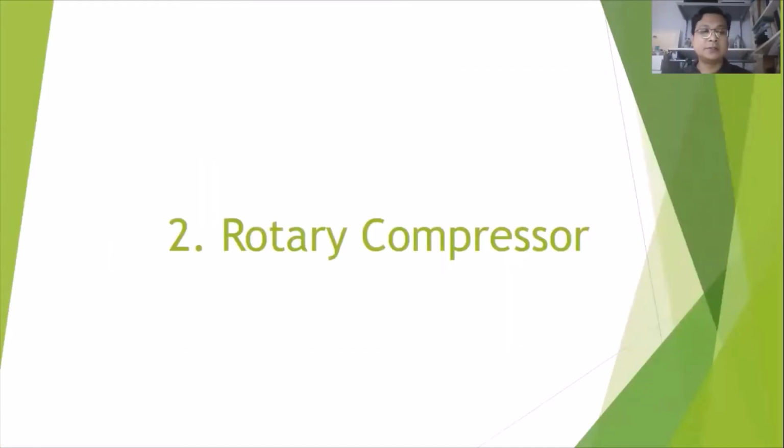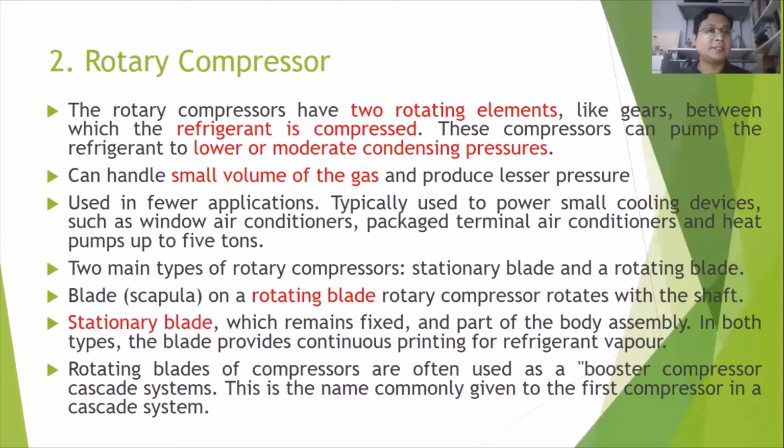So now we go to the second type of compressor, the rotary compressor. In the rotary compressor, there are two rotating elements like gears, between which the refrigerant is compressed.